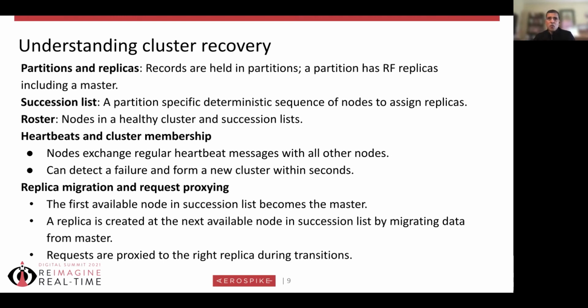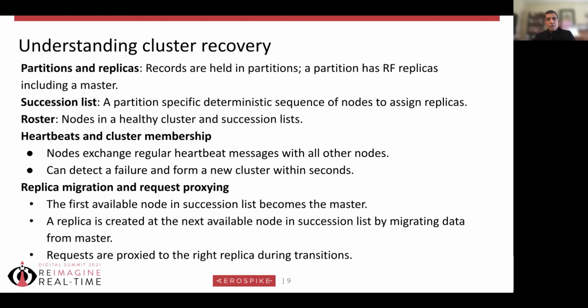That's how you determine, at any given cluster state, where the replicas for given partitions are. And that's a static algorithm in the sense that, independent of any information from other nodes, except whether the node is alive or not, a given node can determine what data it owns as a master or as a replica.